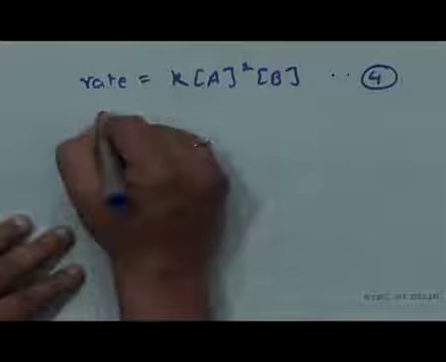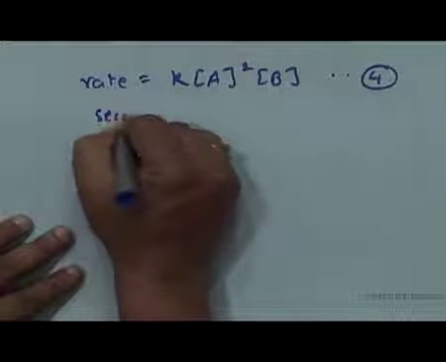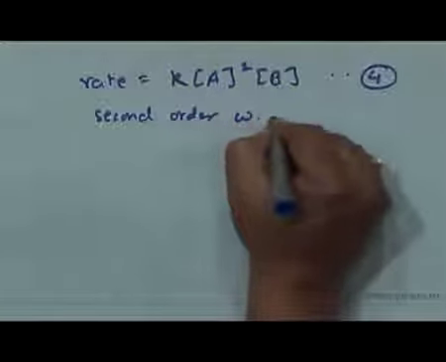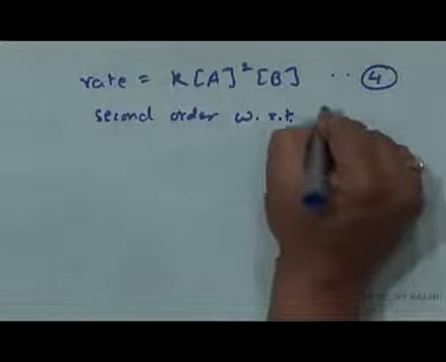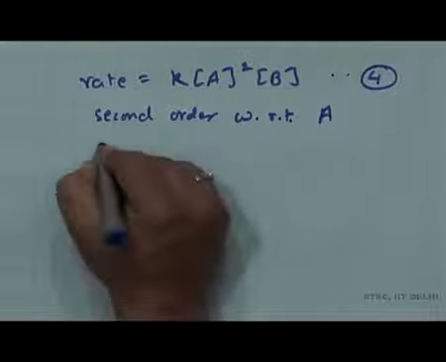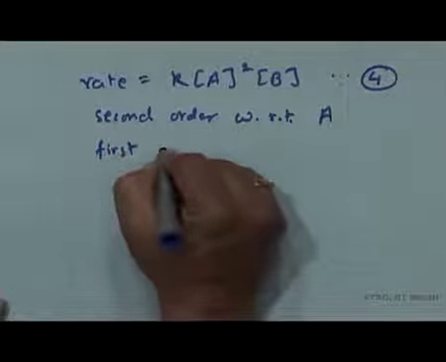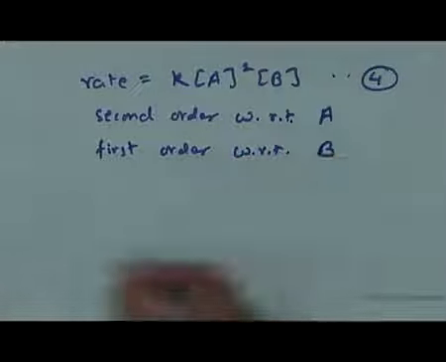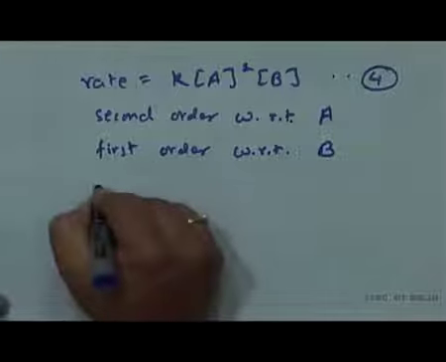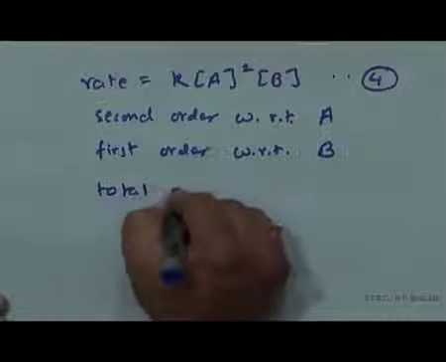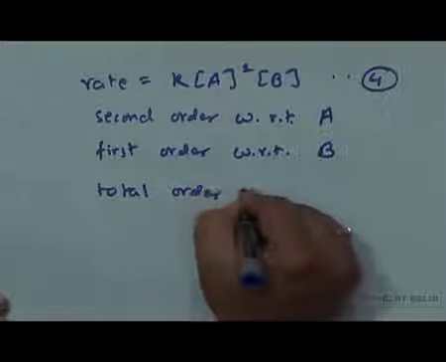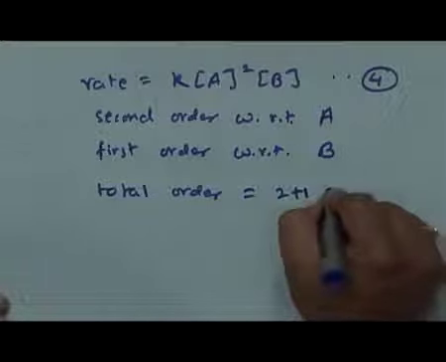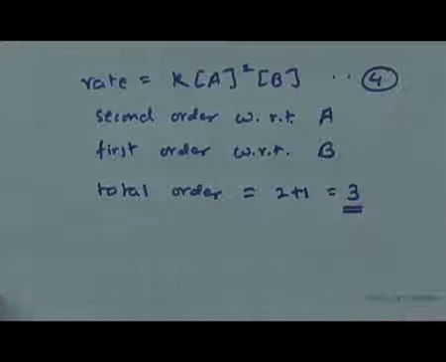So, we again say that it is second order with respect to A, first order with respect to B, and as before the total order is equal to 2 plus 1 is equal to 3.